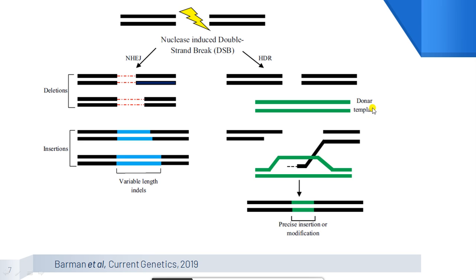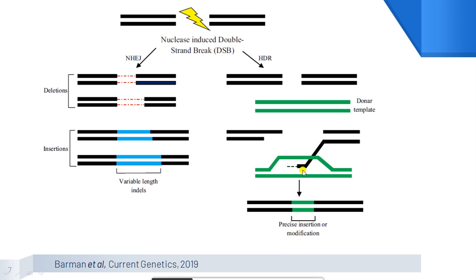This template must contain the required gene edit, meaning the desired sequences to be added or modified, but it also contains some additional homologous sequences. These are homologous sequences immediately upstream or downstream of the target. So if this is my target, I need to have some homology upstream or downstream of the target site. These are known as the left and the right homology arms. Why is this needed? Because these homology arms help in the homologous recombination, like what is happening here.